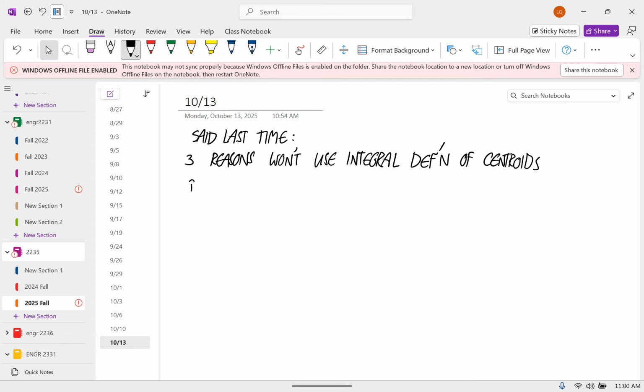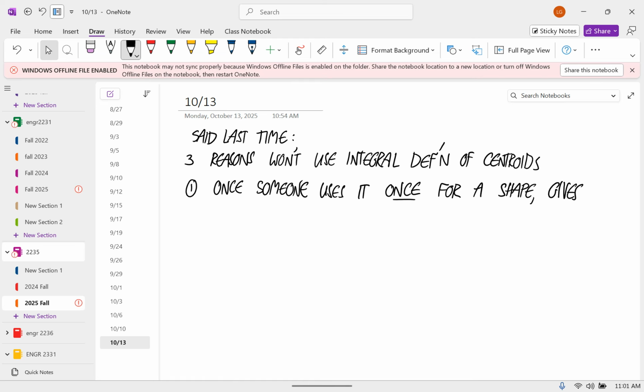The first one is, once someone uses that integral definition once for a shape, it gives us an algebraic formula for that shape.